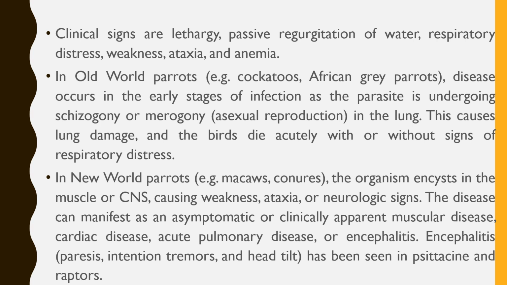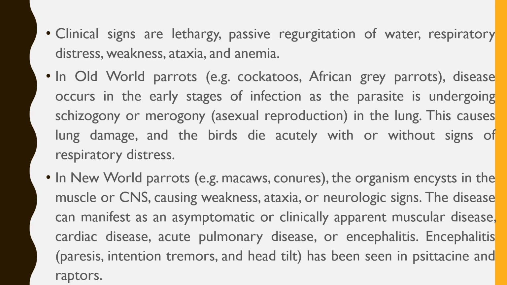In Old World parrots like cockatoos and African grey parrots, disease occurs in the early stages of infection as the parasite is undergoing schizogony or merogony, that is, asexual reproduction in the lungs. This causes lung damage, and the bird dies acutely with or without signs of respiratory disease.